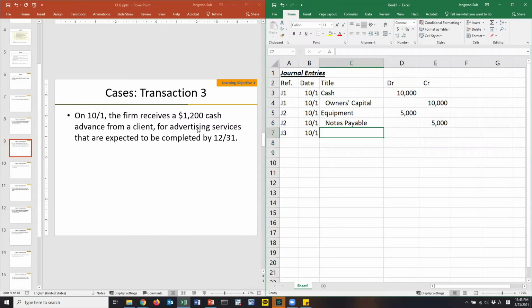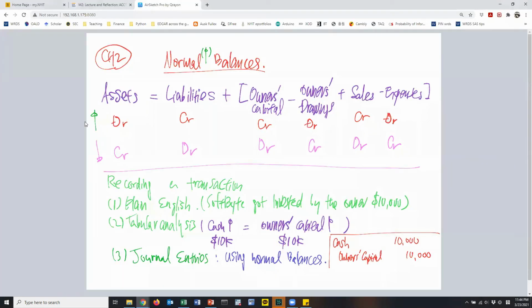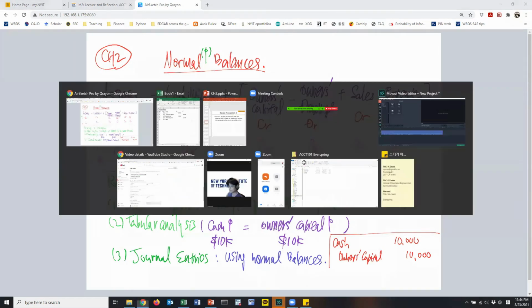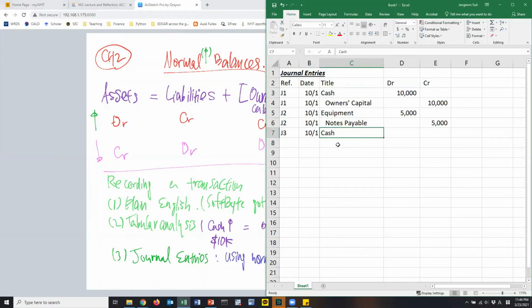What kind of liability? You will perform the service, right? Again, what's happening here? You received cash. Cash as an asset item is received, therefore increases. Therefore, it should be debited. But at the same time, your cash received is because you have something that you owe to your client.